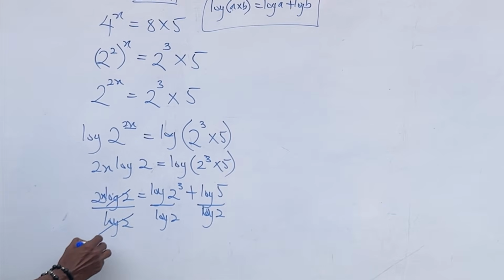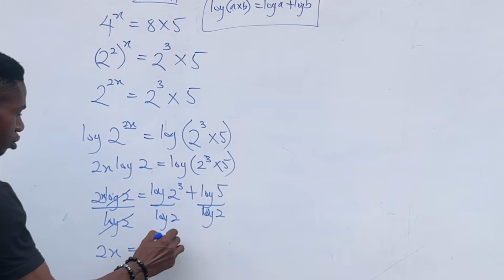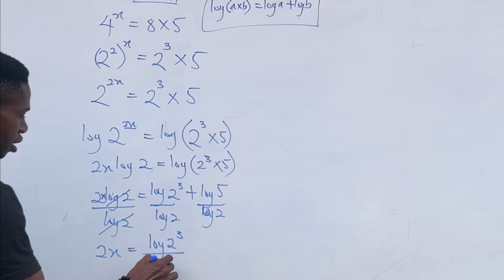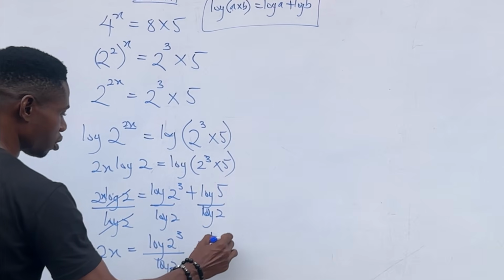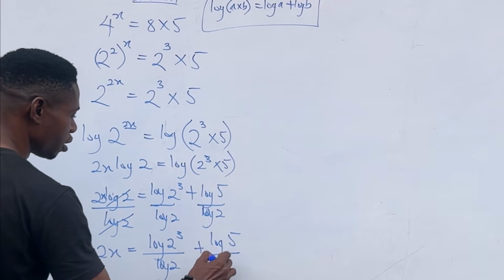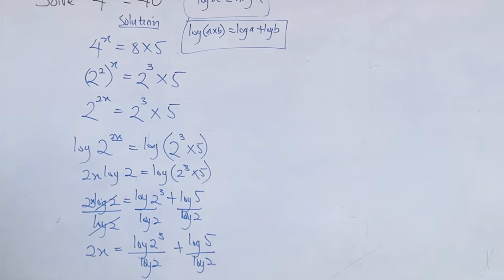And now we have 2x equal to log of 2 raised to the power 3 over log 2, plus log 5 divided by log 2.